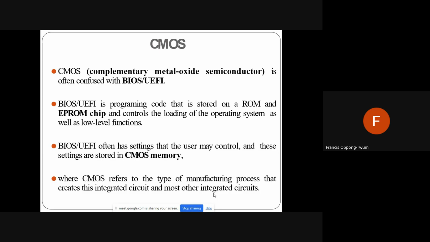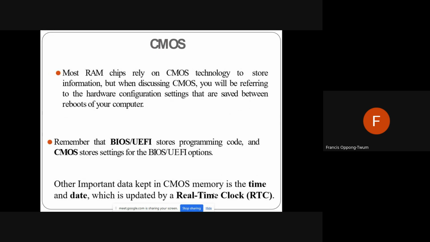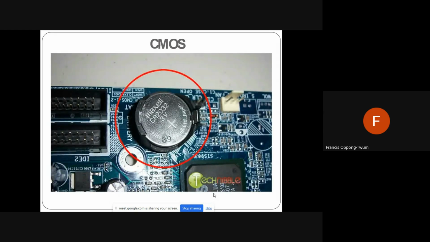The BIOS and the UEFI often have settings that the user may control, and these settings are stored in the CMOS memory. CMOS refers to the type of manufacturing process that creates this. So this is the CMOS we are talking about, the CMOS RAM, the CMOS battery.